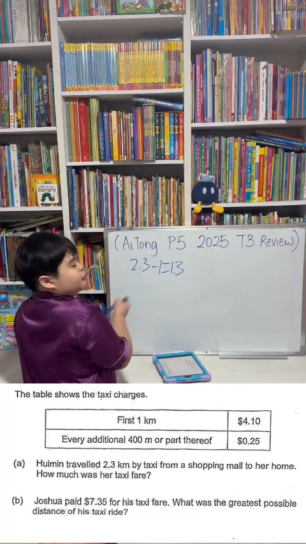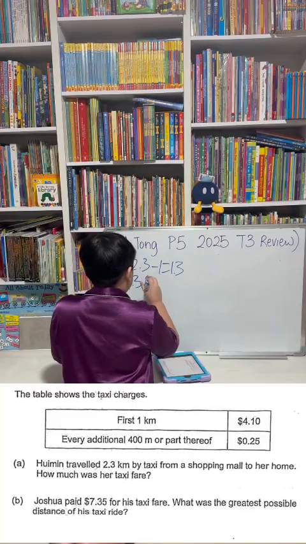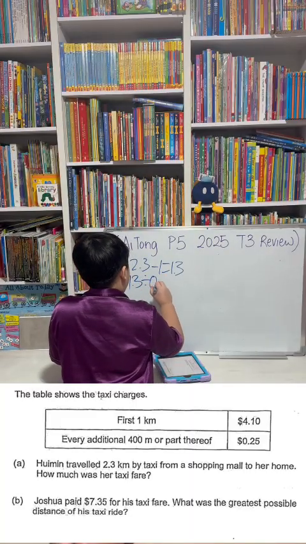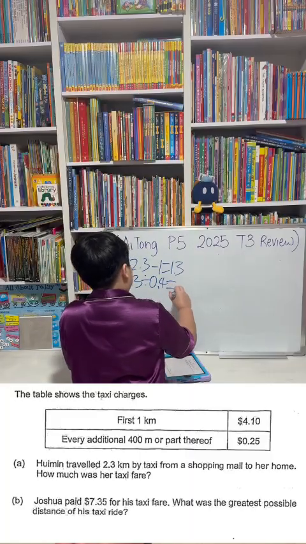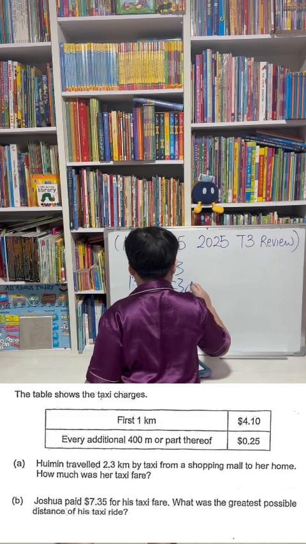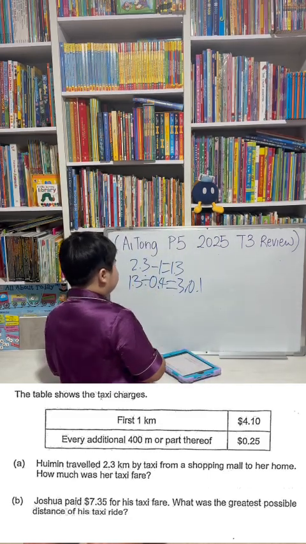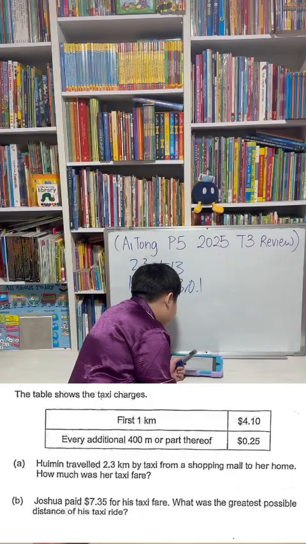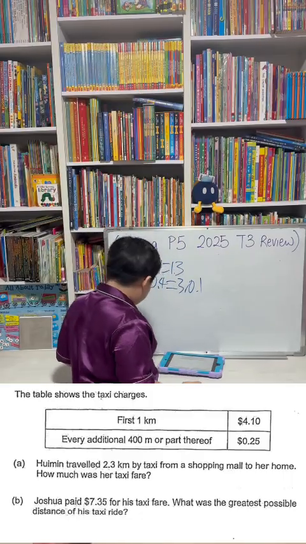So we do 1.3 kilometers divided by 0.4, since 400 meters is 0.4 kilometers, which equals 3, remainder 0.1. For every additional 400 meters or part of, it costs 25 cents.